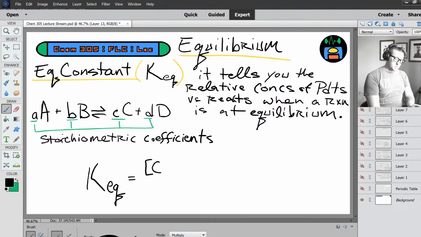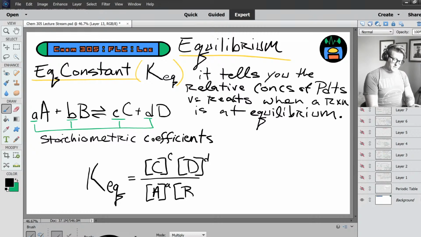So it is the molarity of C raised to the power of C times the molarity of D raised to the power of D over the molarity of A raised to the power of A times the molarity of B raised to the power of B. Again, the stoichiometric coefficients in this reaction are all the superscripts.